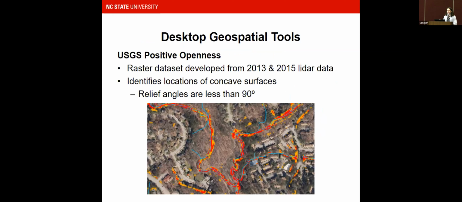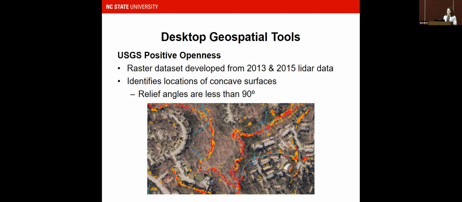Another aspect of restoration efforts is being able to use desktop geospatial tools to help identify and narrow down sites prior to going out in the field, which will hopefully help save time and maximize limited resources.